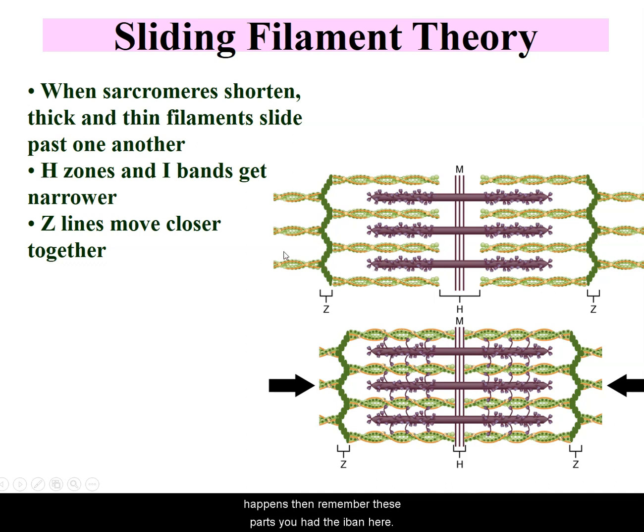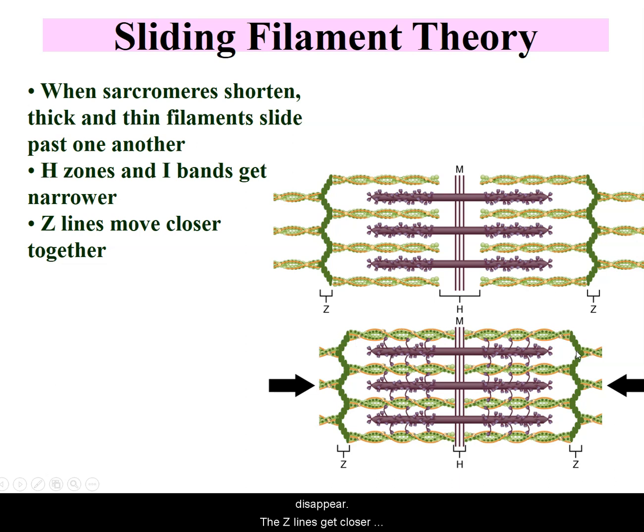You had the I band here, the A band here, the H zone, the M line. When that power stroke happens, when you have muscle contraction, the H zone becomes much more narrow and may even disappear.